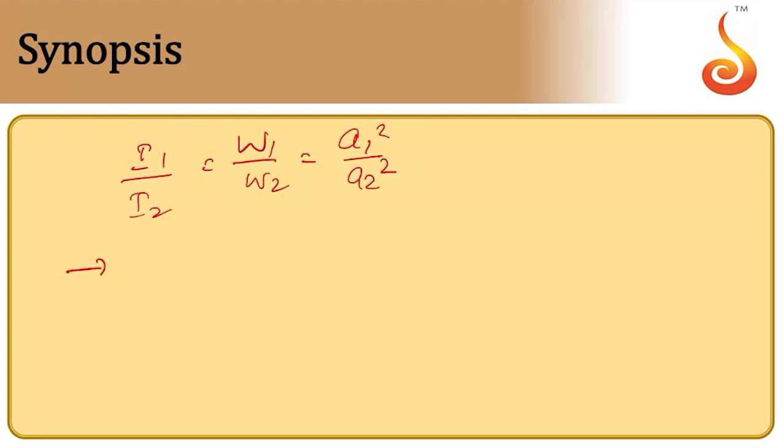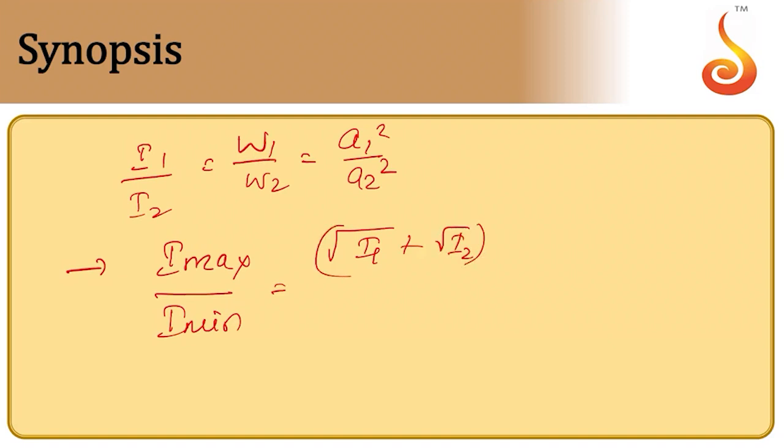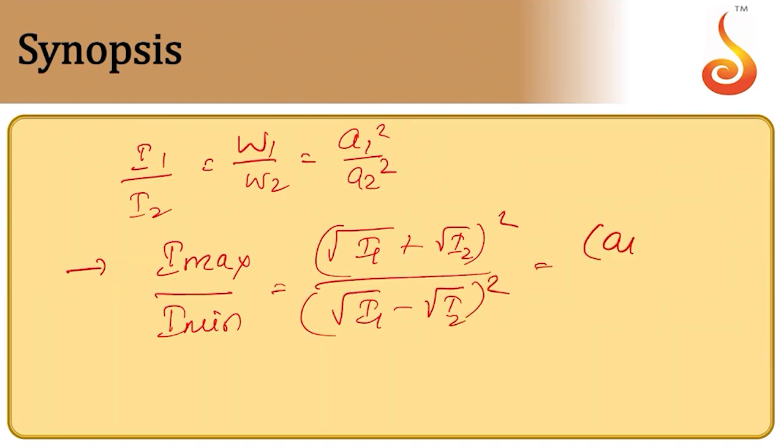Using this concept, we can find out what the maximum intensity is and what the minimum intensity is. In fact, the ratio can be found out like this: (root I1 plus root I2) whole square divided by (root I1 minus root I2) whole square. And this can be simplified further: (A1 plus A2) whole square divided by (A1 minus A2) whole square.